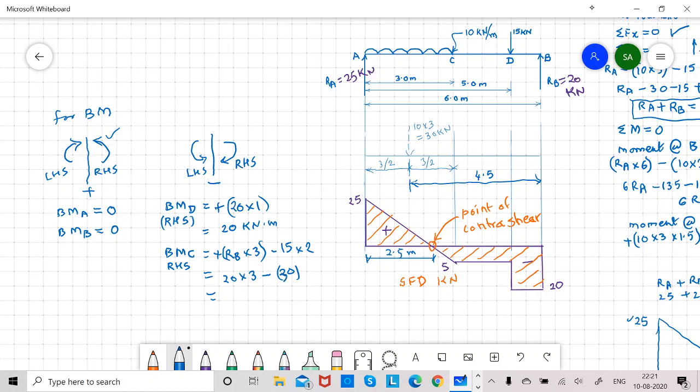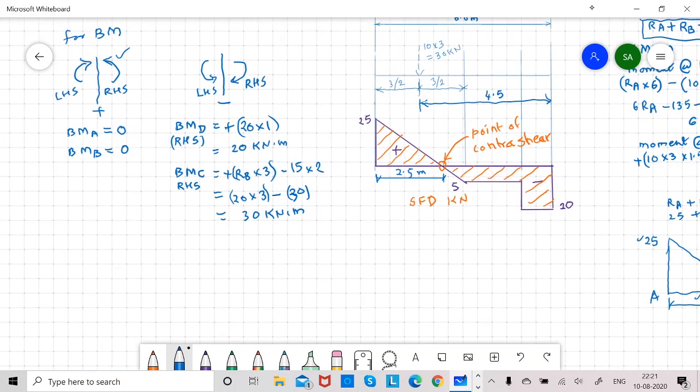So 20 into 3 is 60 minus 30, that is 30 kilonewton meter positive.